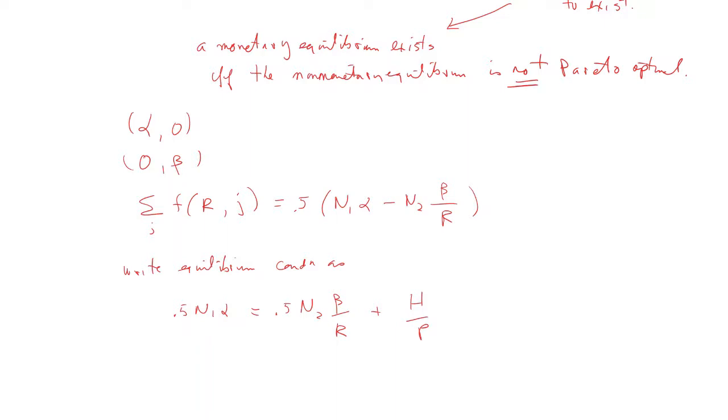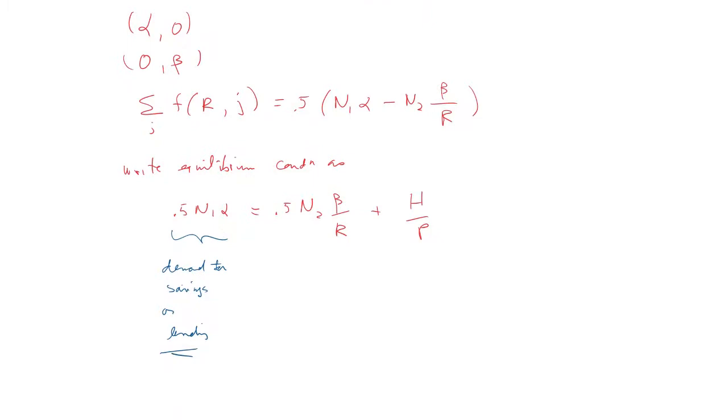So the left side is the demand for saving, or lending. So the left side is lending. The right hand side is going to be borrowing.